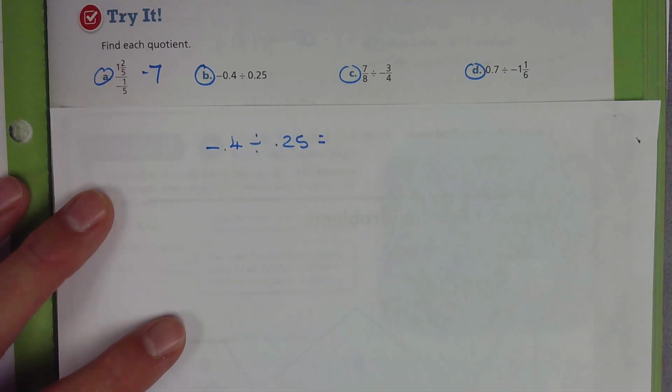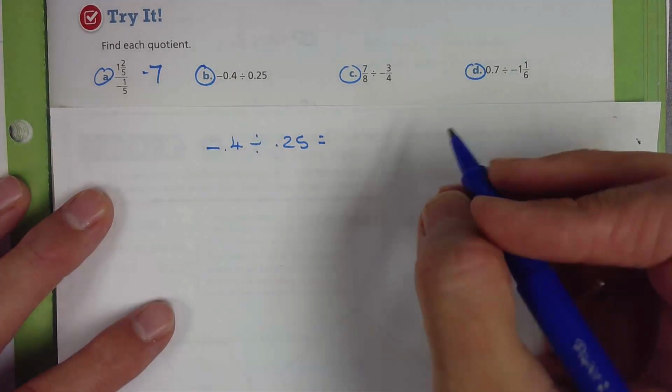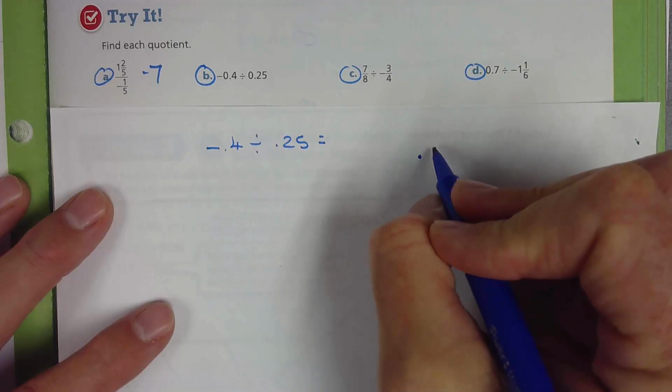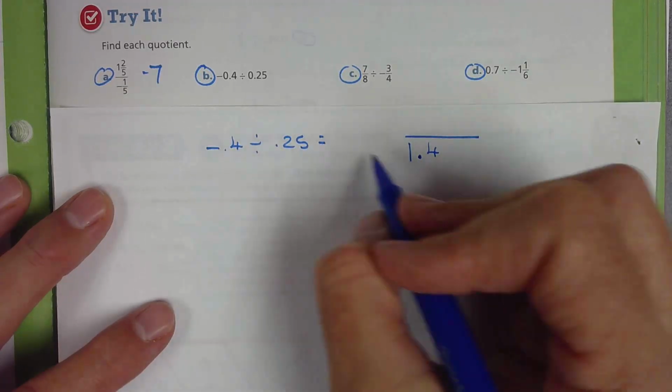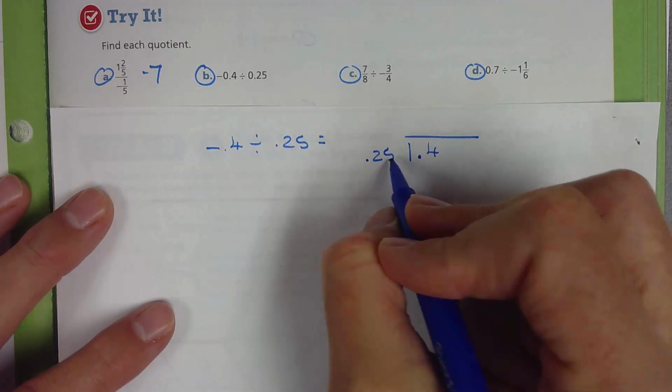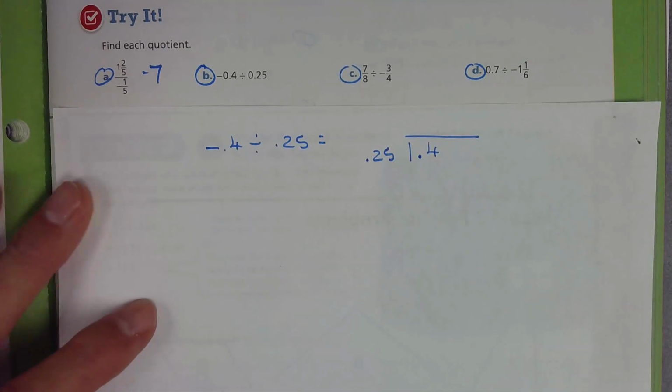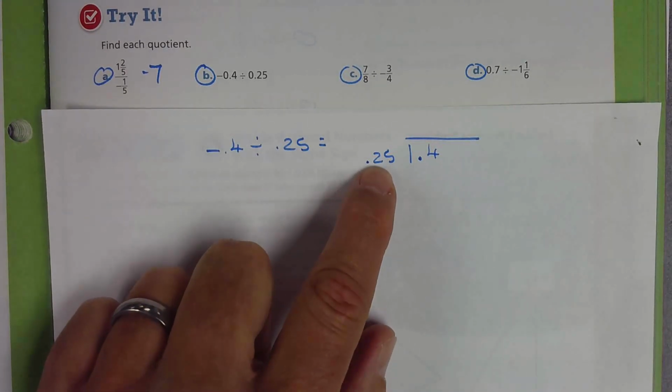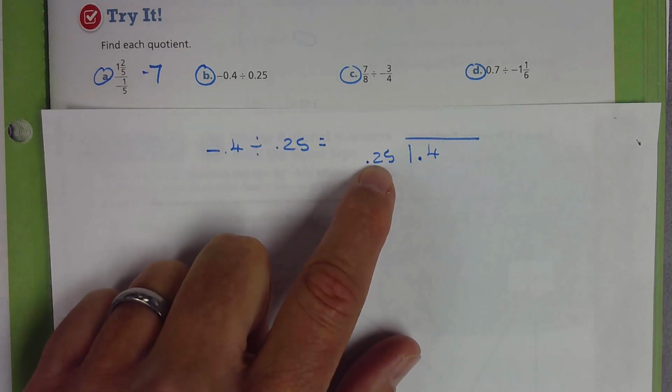All right, so it's decimals. I'm not going to worry about the keep, change, flip. What's being divided? The 0.4. So I can set it up as 0.4 being divided by 0.25. Okay. Can we divide with a decimal? No. The answer is no.